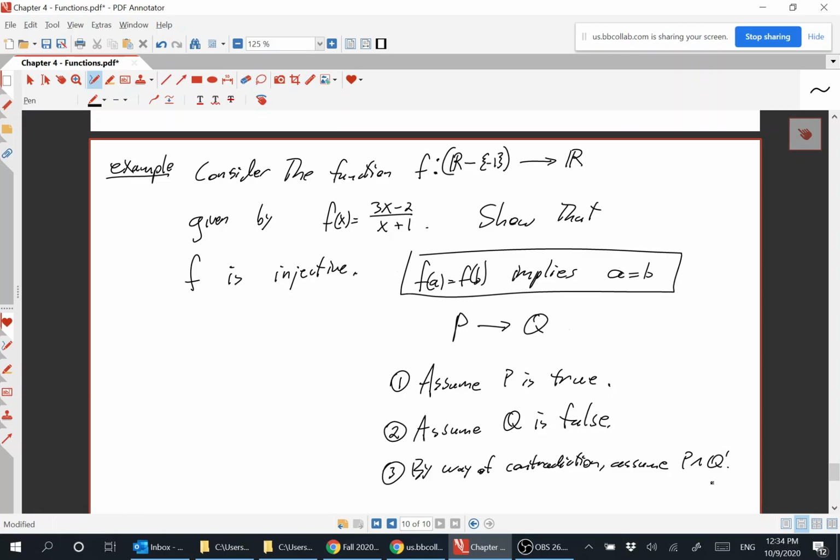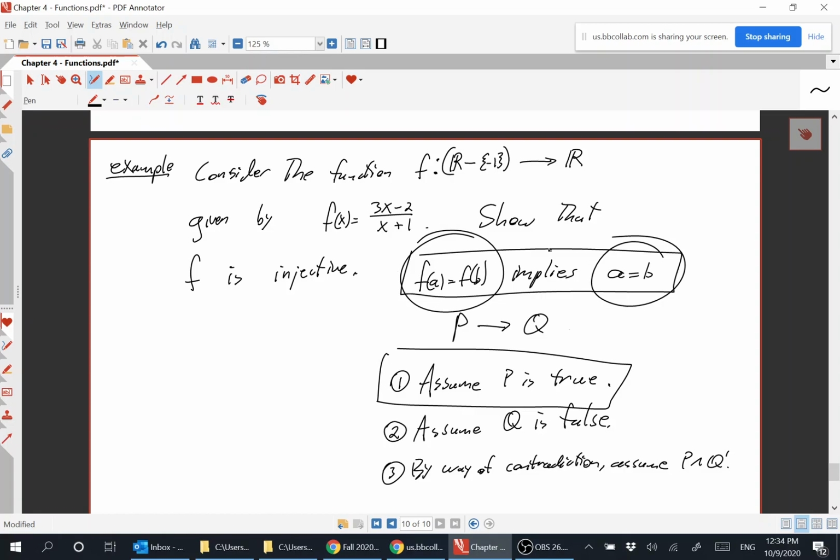All right, so let's do this. Let's do direct proof. So what do I write? Assume P is true. There's no P here. I'm trying to show that this is P. This is P. This is Q. Assume that f of a equals f of b.